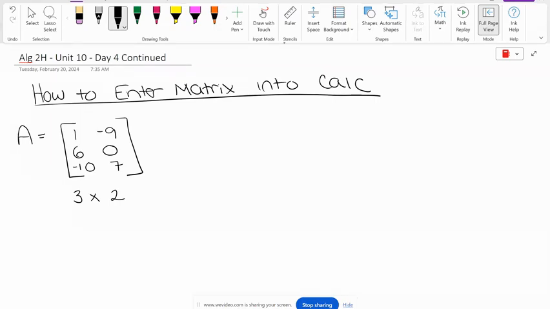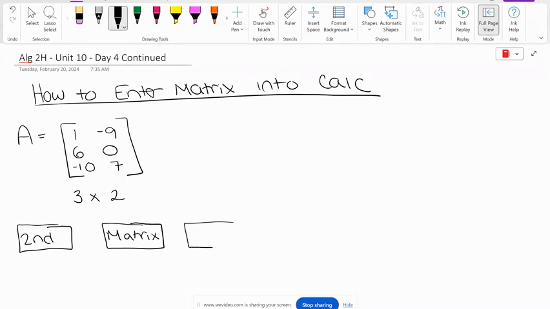So what we're going to do, I'll write it out for you and then I'll go into our calculator to show you. We're going to press second, matrix. We're going to choose edit. Enter.